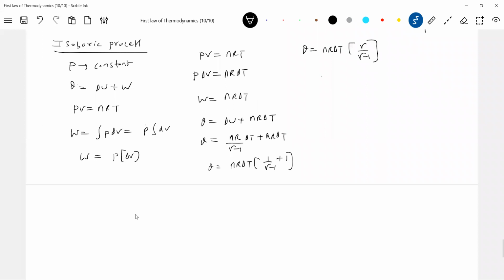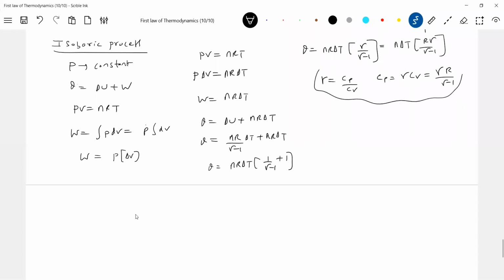Okay, let's do one thing. We know gamma equal to Cp by Cv. Agree this? So therefore this Cp, what you can write? Gamma into Cv. What is Cv? R by gamma minus 1. So let me rewrite this. n delta T, R gamma by gamma minus 1.